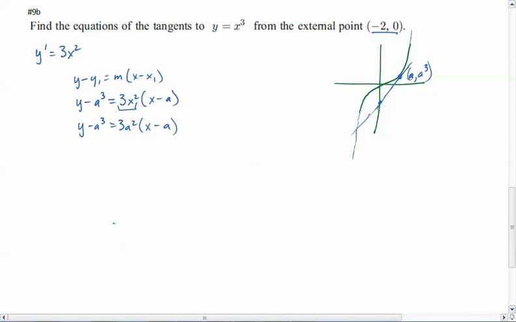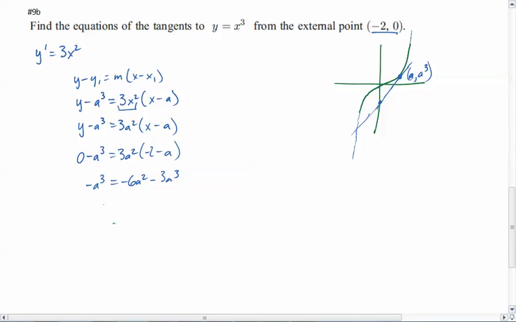Now, if you wanted, you could simplify from here, but really we're looking for the actual equation, so we're going to need to put in the -2, 0 for x and y. So let's go ahead and do that. y is 0, x is -2, so 0 minus a cubed equals 3a squared times -2 minus a. I guess we're going to end up distributing anyway, so we're going to have -a cubed equals -6a squared, and if I distribute this, that would be minus 3a cubed.